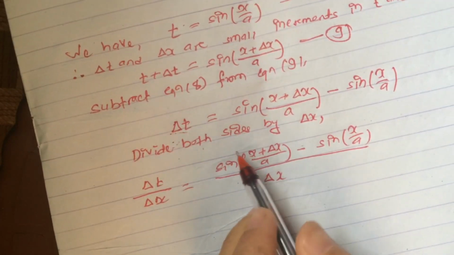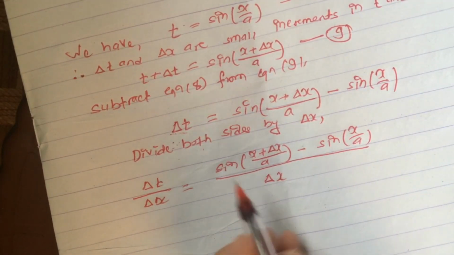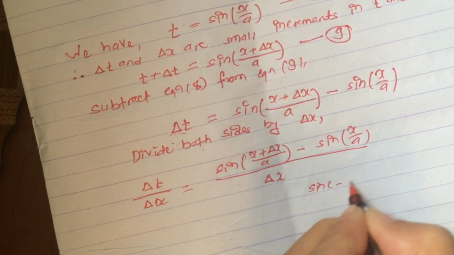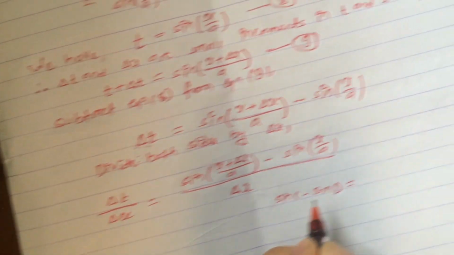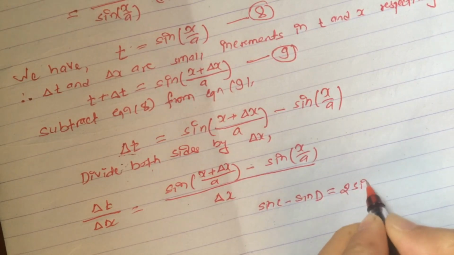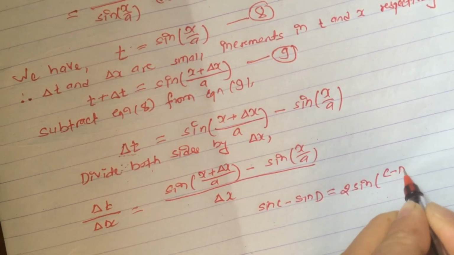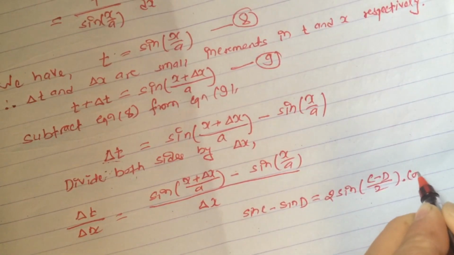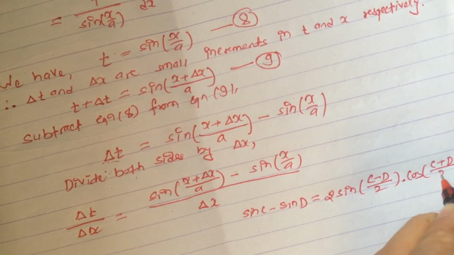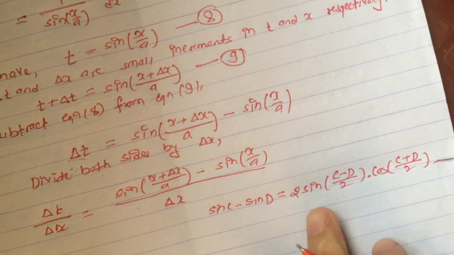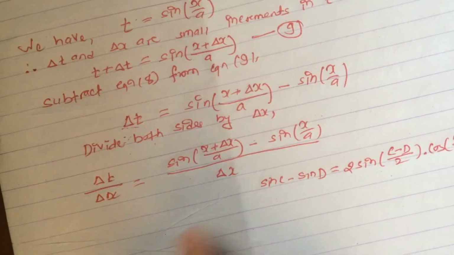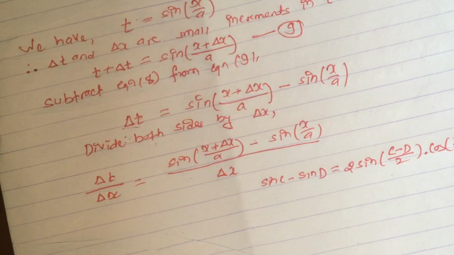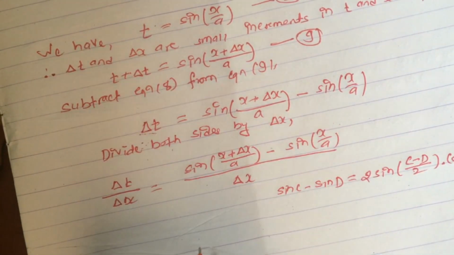Here you can use the relation of sine c minus sine d is equal to 2 times sine of c minus d divided by 2 and cos of c plus d divided by 2. In this relation, this is c and this is d, and let's use this relation here.